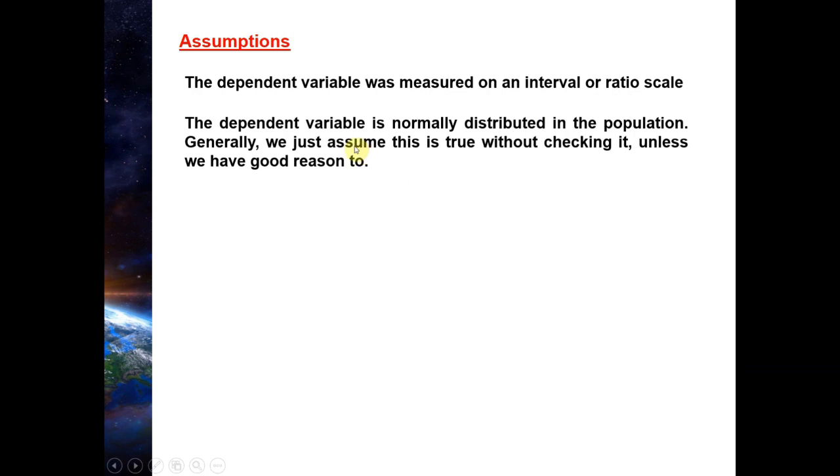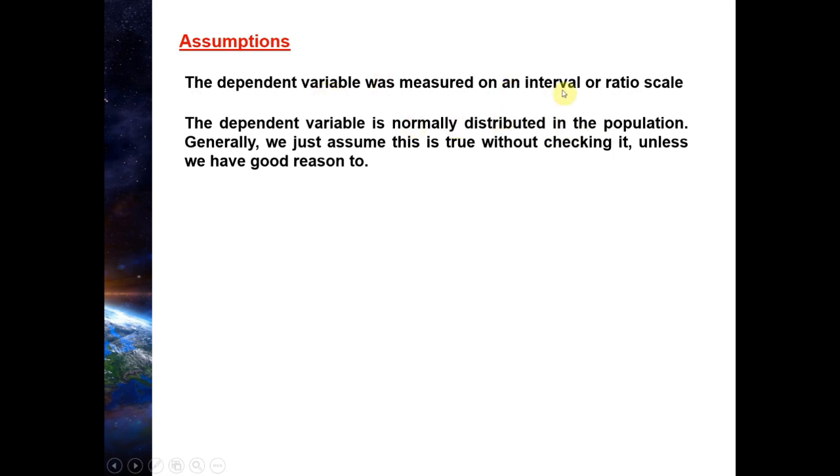Second assumption, it really doesn't matter which order you go in, but this is just the second to appear on the slide. The dependent variable is normally distributed in the population. Now that is the full assumption. It's not enough to say the dependent variable is normally distributed; you have to add in the population.